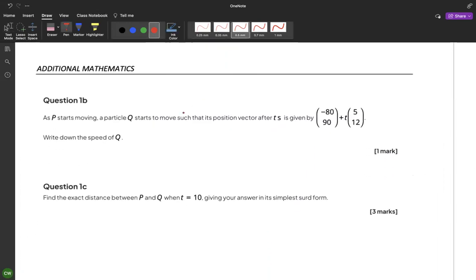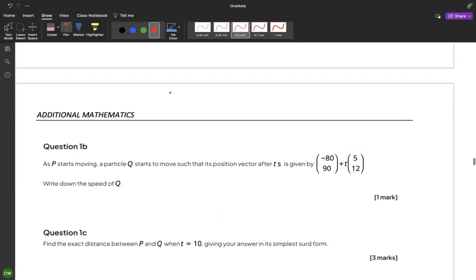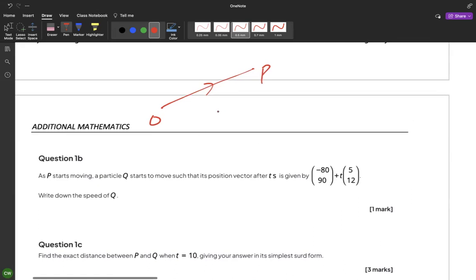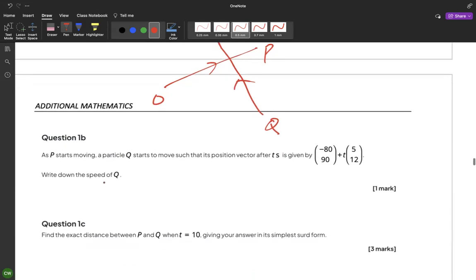Okay, now this one is point P. We have found the position of point P. There is another point Q, starting from another point and moving in another direction. So we need to find the speed. Can you look for the speed or not?